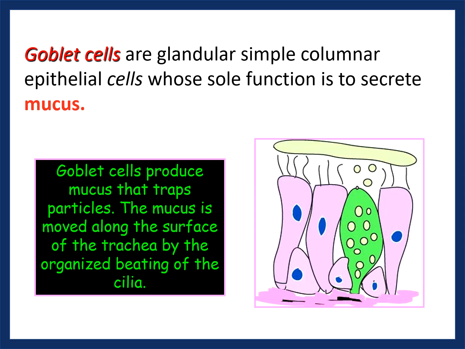So the mucus can be moved along the surface of the epithelium by cilia. Cilia are those little hair-like projections, and they move to a beat. And it's this organized beating of the cilia that can move the mucus along the surface.